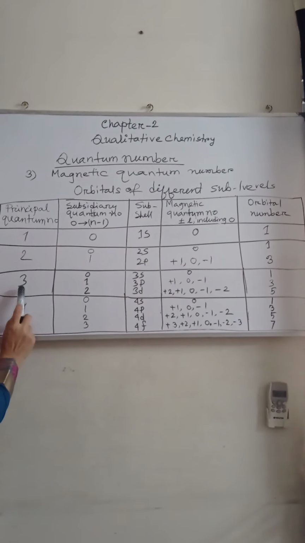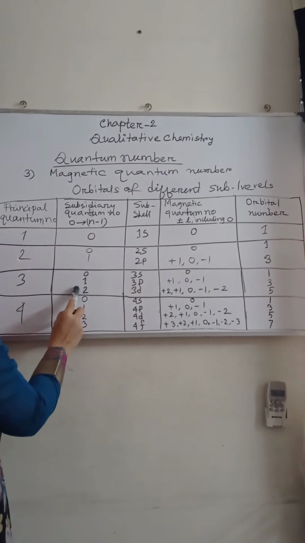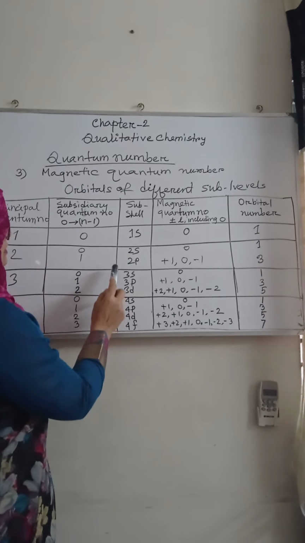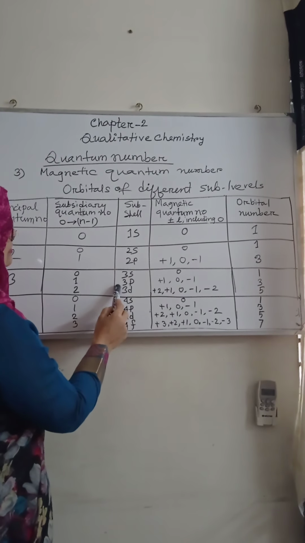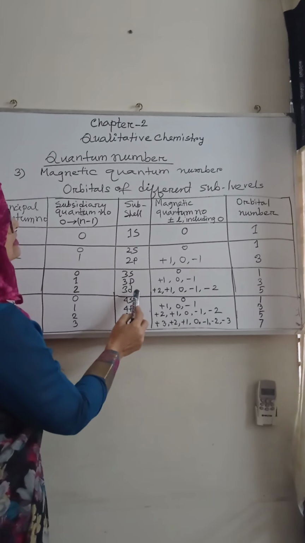Now, when n equals 3, we get 3 values of L, 0, 1, 2, and for 0 the subshell is 3s, for 1 the subshell is 3p, and for 2 the subshell is 3d.